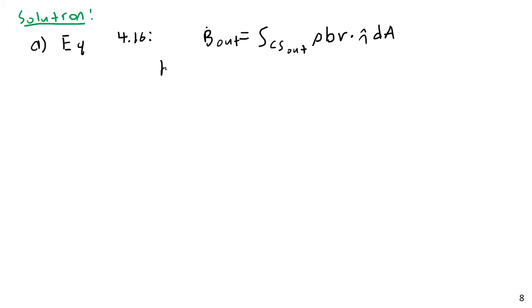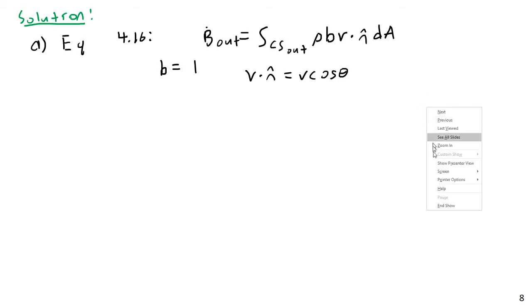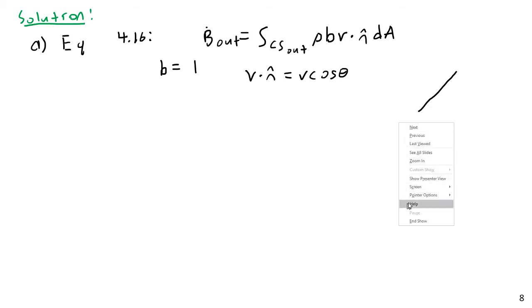And we're going to use b equal to 1, and I happen to know that v dot n is simply, in this case, going to be equal to v cosine theta. If I look at line CD on the previous slide, what is n?